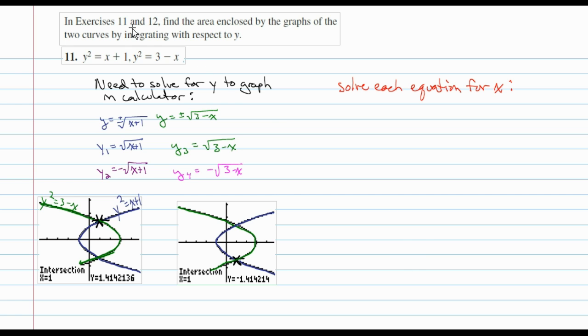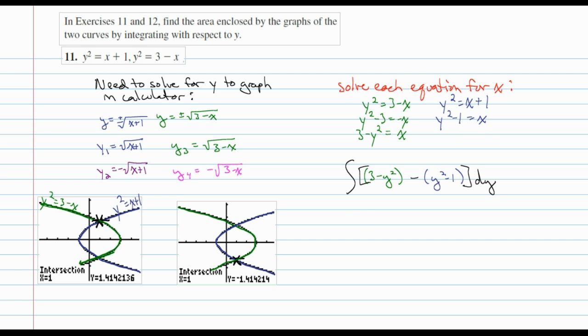So now I'm going to solve each equation for x so I can make this a dy problem. So that first one turns into 3 minus y squared. The second one is y squared minus 1. So I'm going to integrate, because it's a dy problem, the right curve 3 minus y squared minus the left curve, y squared minus 1.